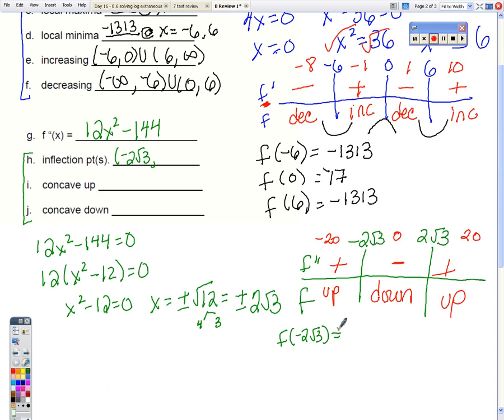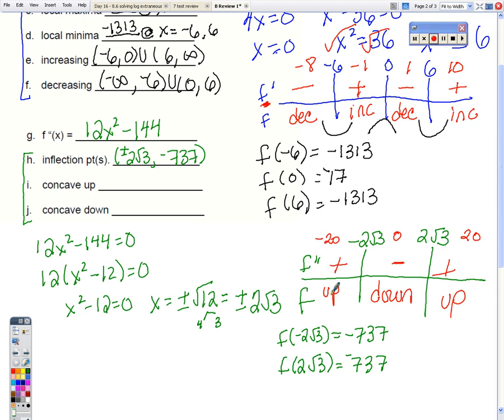And when I plug in negative 2 root 3, I get negative 737 as a y value. So this is the coordinate of the first inflection point. Now when I plug in 2 root 3, I'm also going to get negative 737. So let's make this plus or minus 2 root 3 and the y coordinate.